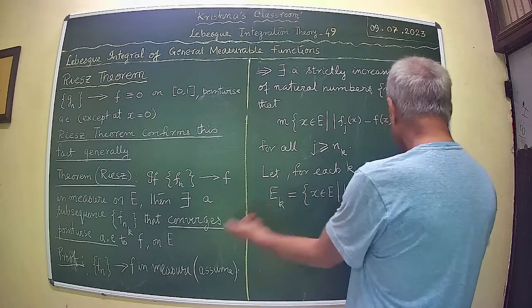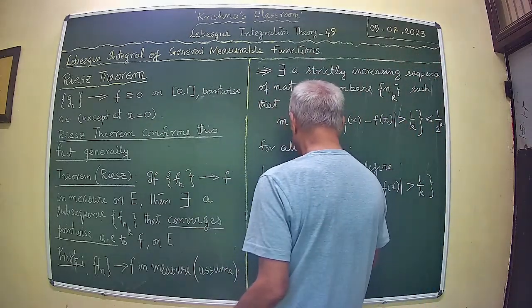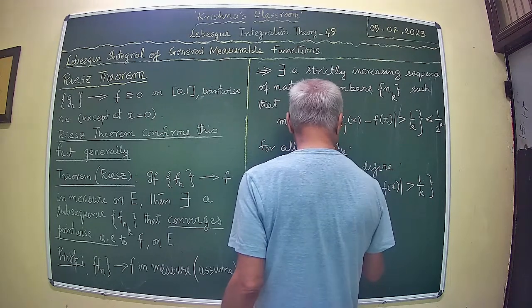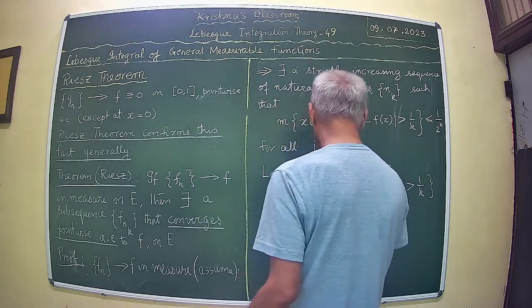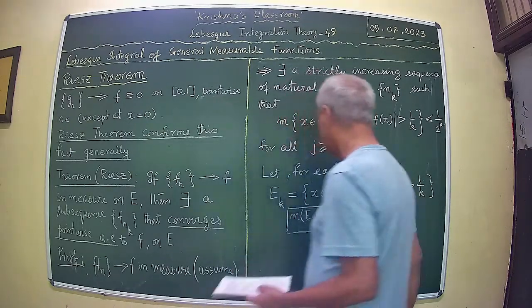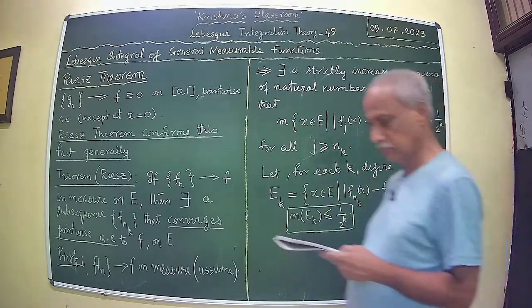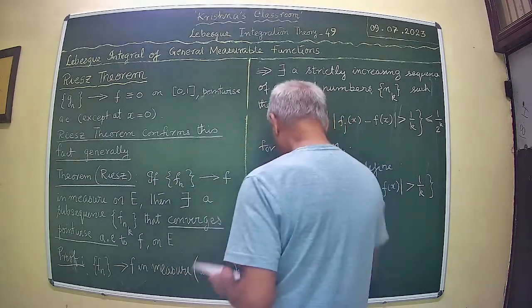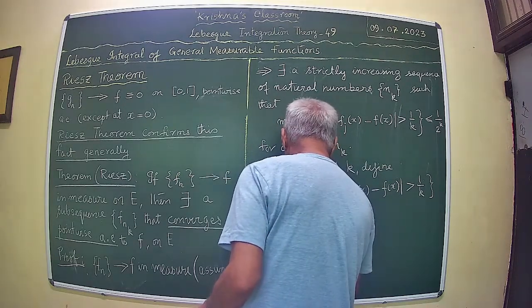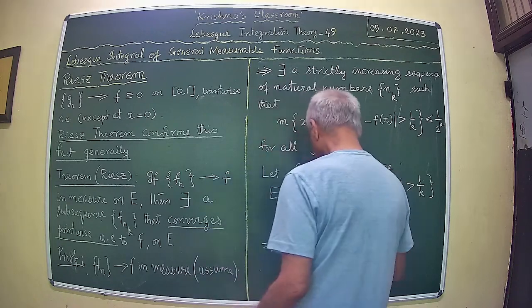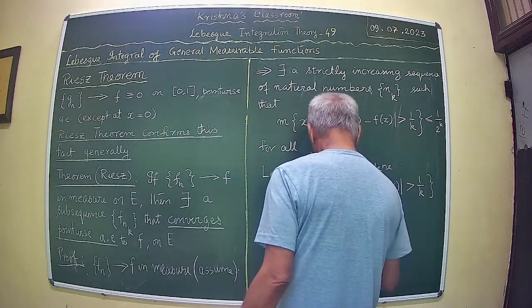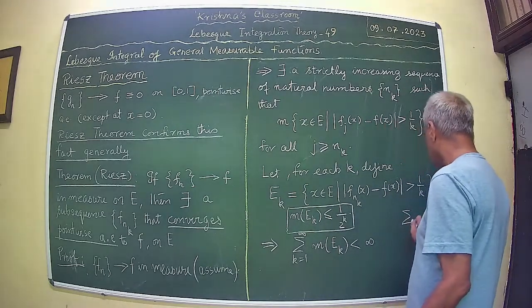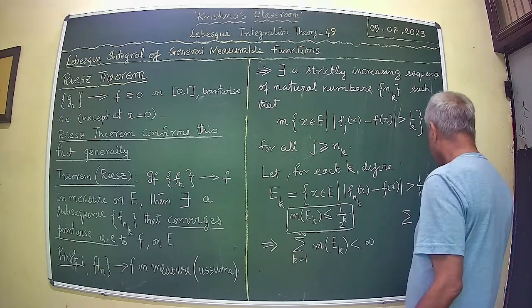And you know that the measure of Ek is less than or equal to 1/2^k, this is how we have picked up Nk, which implies the sum over k from 1 to infinity of the measure of Ek is finite, because it is bounded by the sum of 1 by 2 to the power k, and this series converges.